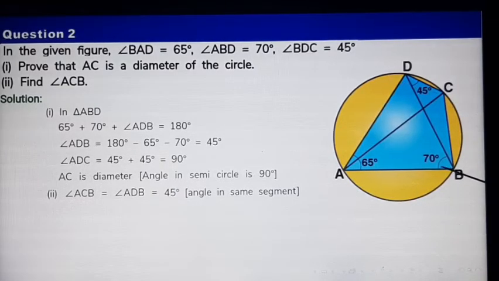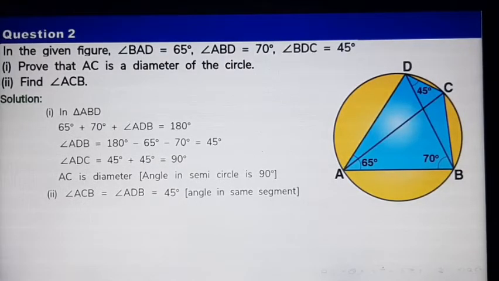One is this, that is ADB, and another is ACB, and we know that angles in the same segment are equal to each other, right? So this angle and this angle are equal, and this is equal to 45 degrees. So we have found our angle ACB also.